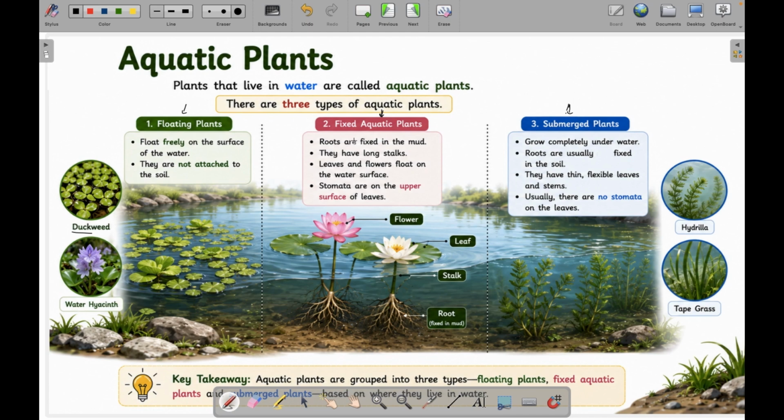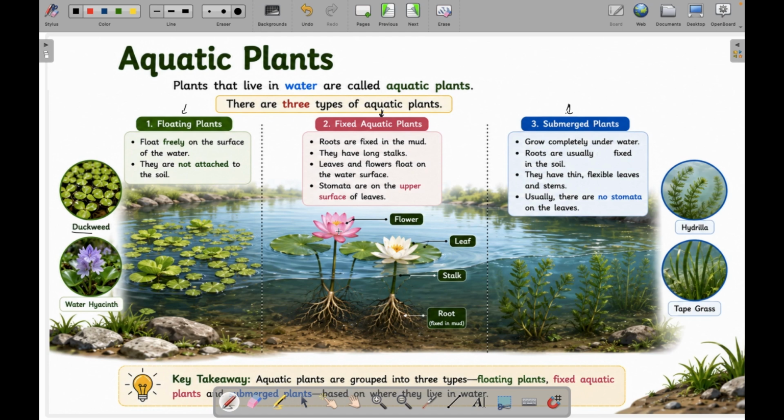Then we have the fixed aquatic plants, right? In case of fixed aquatic plants, we have this flower and the leaves. They float on the water surface, however, the roots are attached to the soil. So this is the difference between these two. Here, the entire plant used to float on the surface of water and the roots were not attached to the soil.